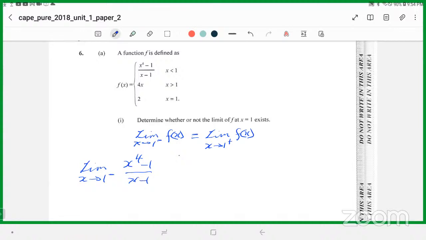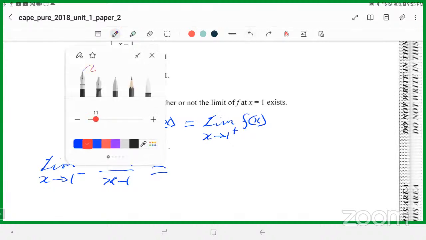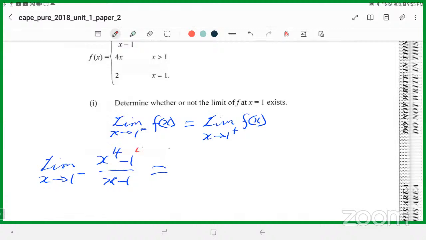You need to get x minus 1 out of this, so I'm going to factorize the numerator. That's the difference of two powers, x to the 4th minus 1 to the 4th. You could do long division with this, but you don't have to. That's the difference of two powers, which you all should know.